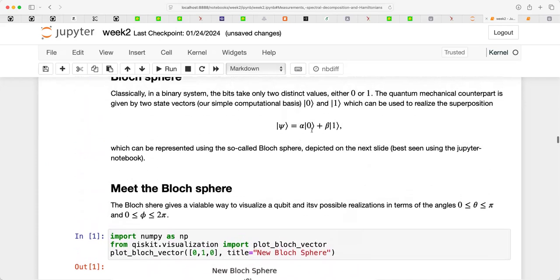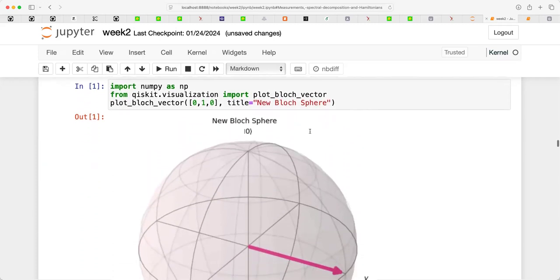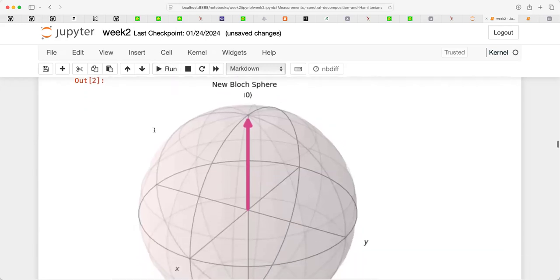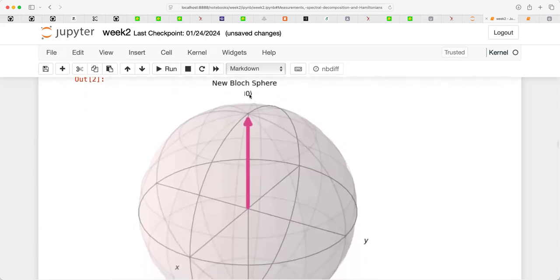Now, bit 0, if beta is equal to 0, when you use the Pauli matrices and think of this as a computational basis, bit 0 is going to correspond to what we call the North Pole. So bit 0, in this specific representation, is given by the North Pole.